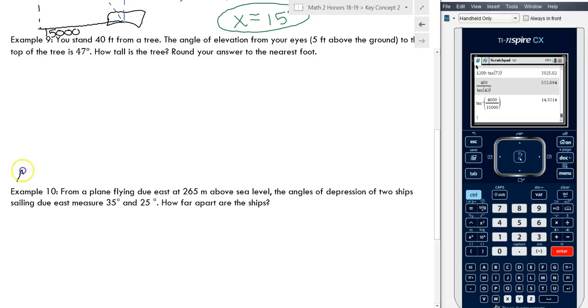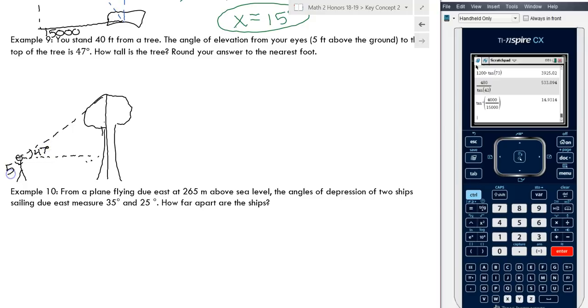So here I am, and here you are. Here's the tree. So my angle from my eyes to the top of this tree is 47 degrees. So what that means is this angle here is 47 degrees.